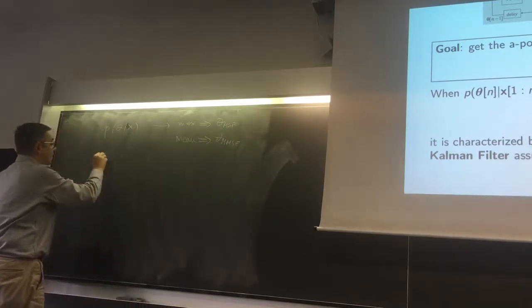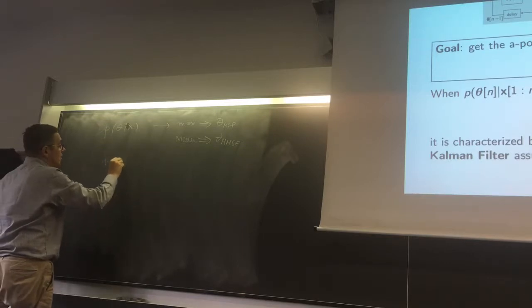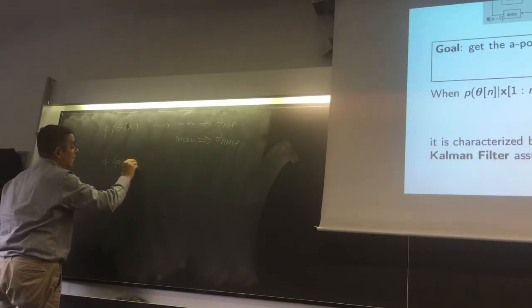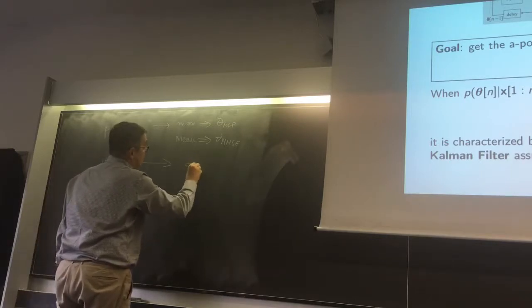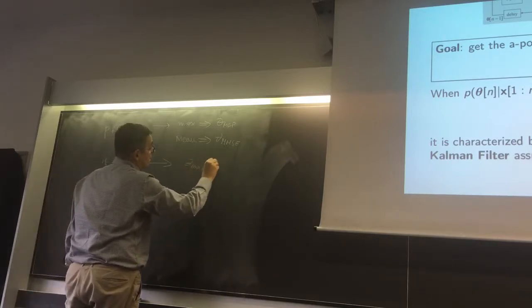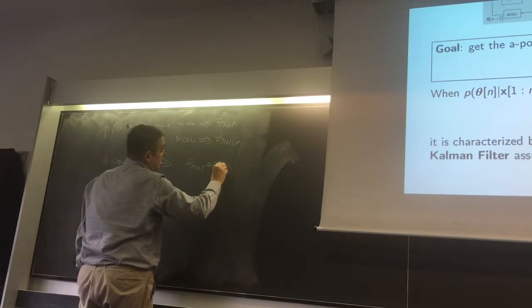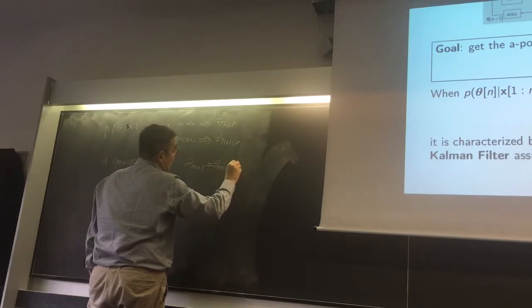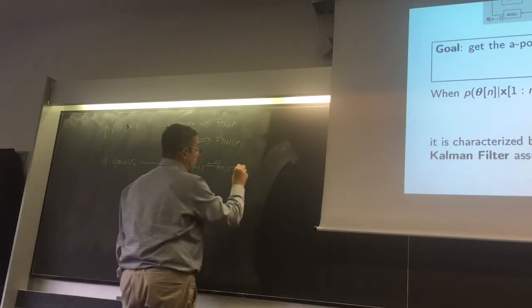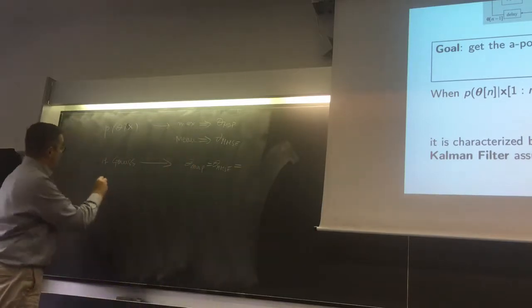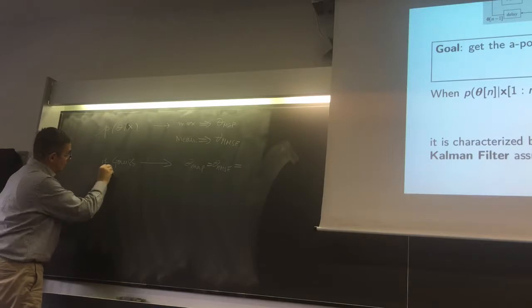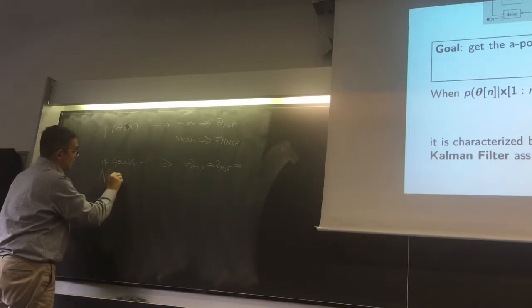But if it is Gaussian, then theta MAP coincides with theta MMSE. With a Gaussian, that means this is normal with a certain mu theta and a certain covariance of theta.